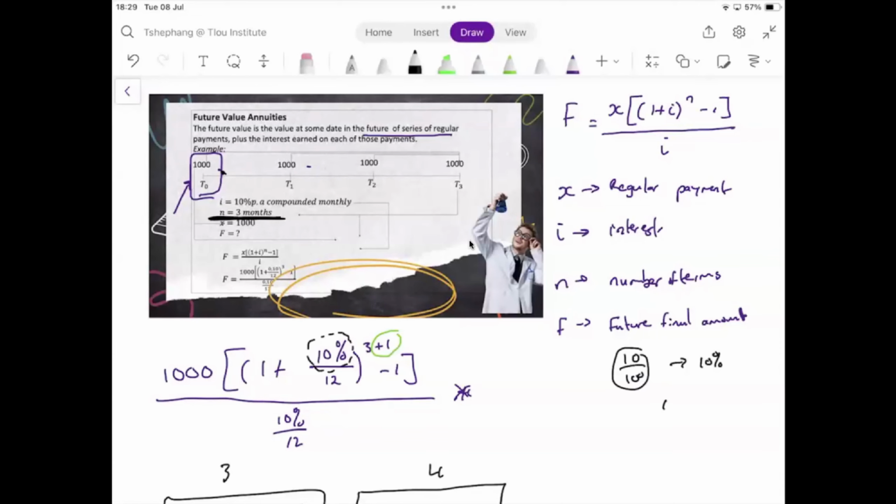Let's just underline it so that it's clear for everyone. That's the only reason it's not 3 times 12. If you're saying 3 times 12, it'll give you 36, which means now you're dealing with 36 months. All right. And that's the reason why we are not multiplying it with the n value as well, because we are dealing with those months as they are. We're not dealing with years.